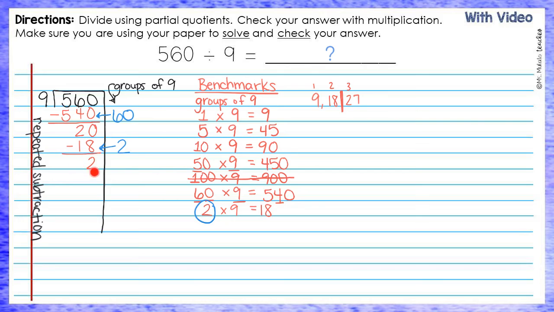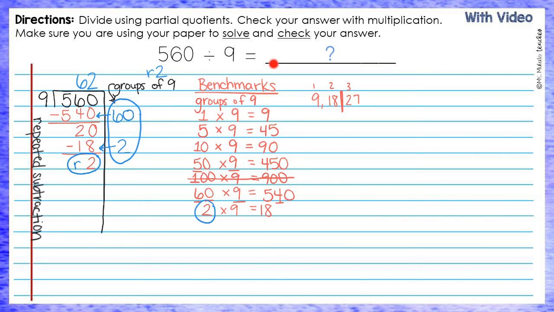We have 2 here. Can we take away a group of 9? No, there's not enough. So this 2 becomes our remainder. Let's add up our number of groups of 9. 60 plus 2 is 62 groups of 9 with 2 remaining.